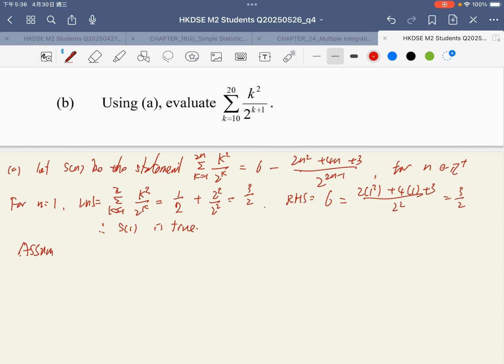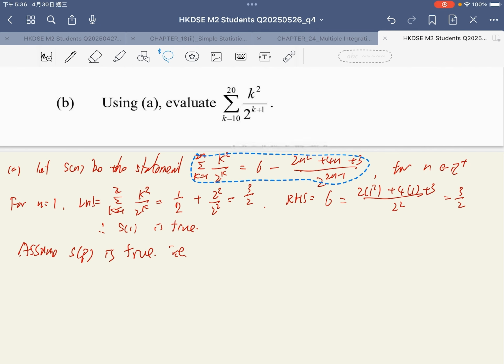Yes, assume SP is true. That is, this statement is true for n equal to p.